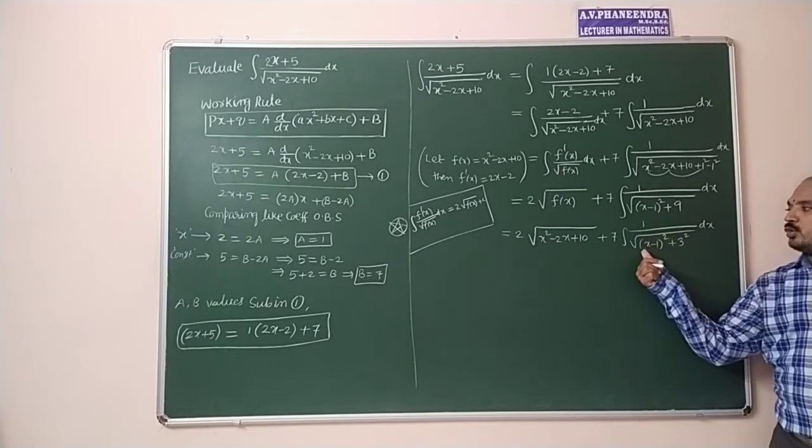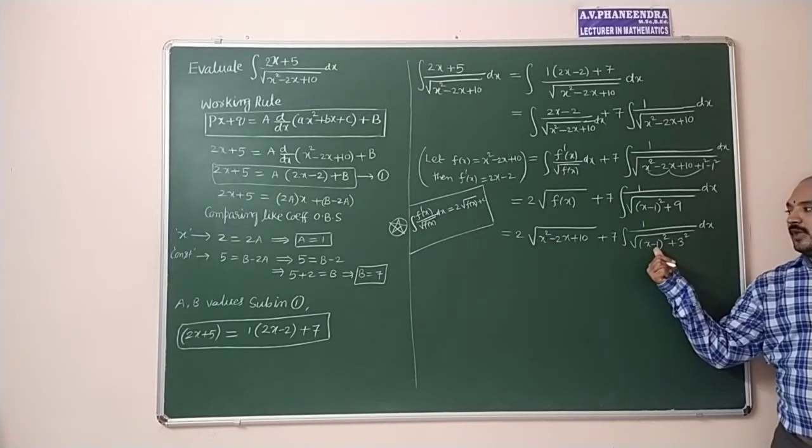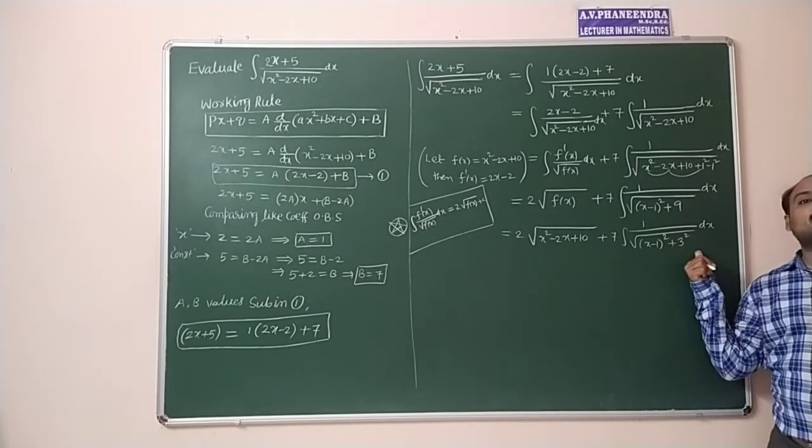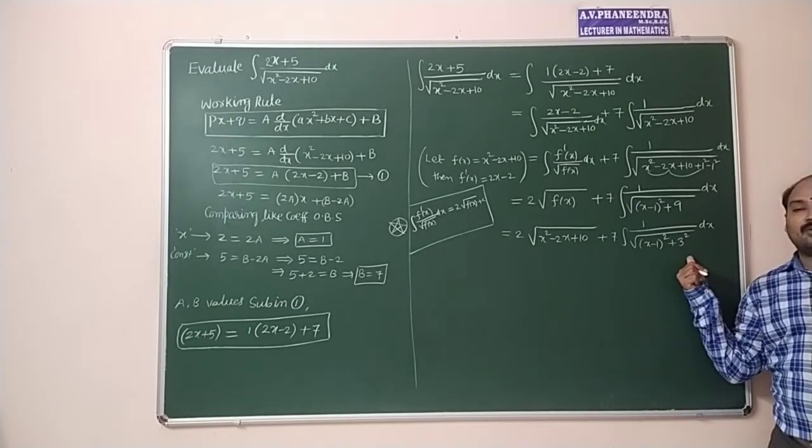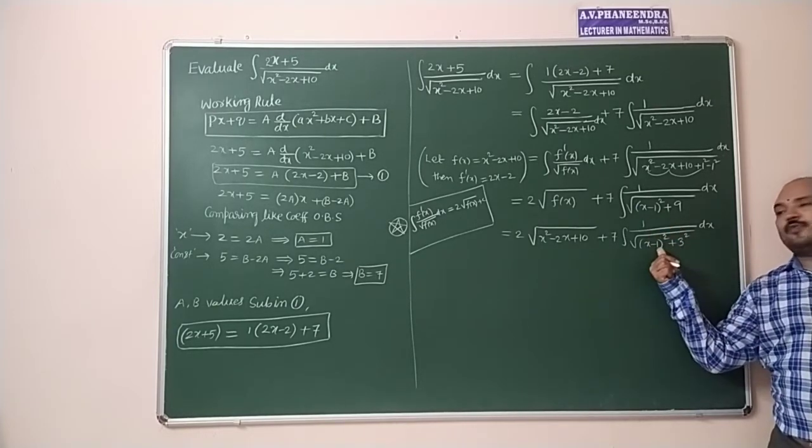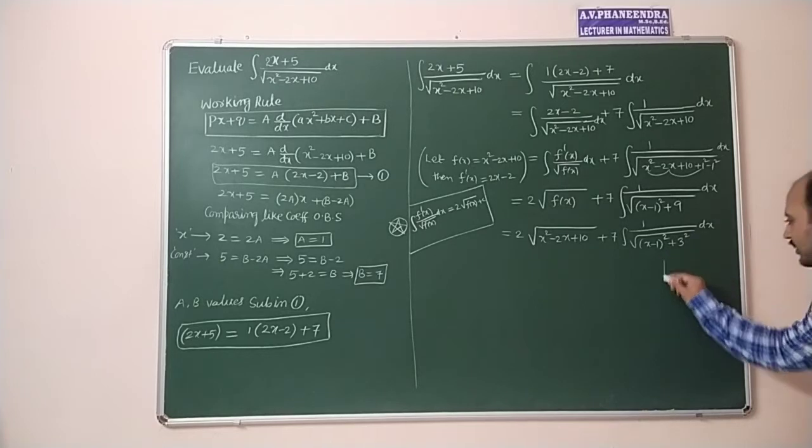Integral 1 by square root of x minus 1 whole square plus 3 square is in the form of integral 1 by root of x square plus a square. Here I am writing the formula.